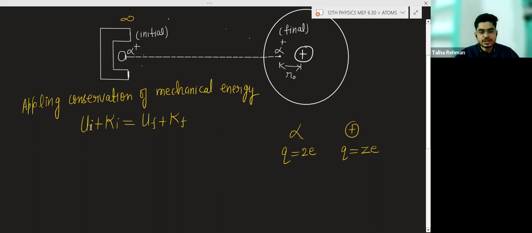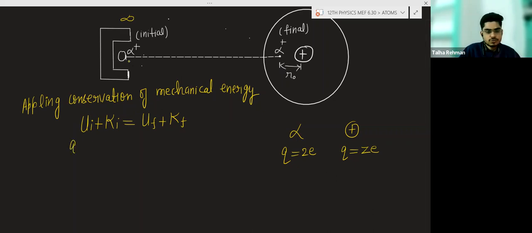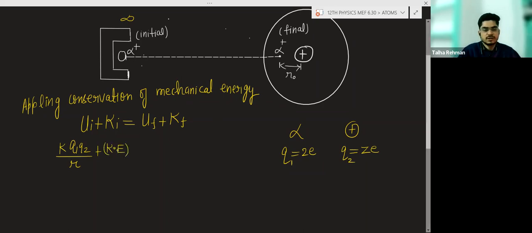So the initial potential energy of the system, suppose this is Q1 and this is Q2, is K Q1 Q2 divided by R, plus the initial kinetic energy. I am representing the initial kinetic energy with Ke. Final potential energy will be this.